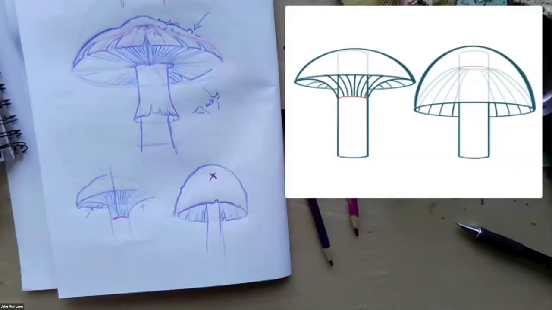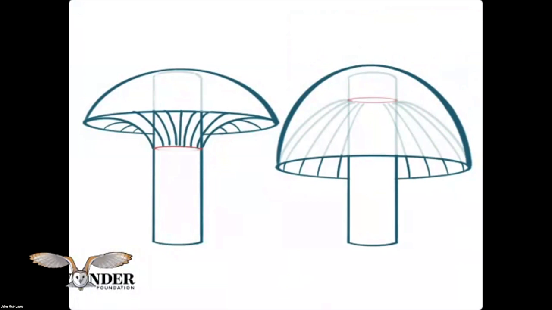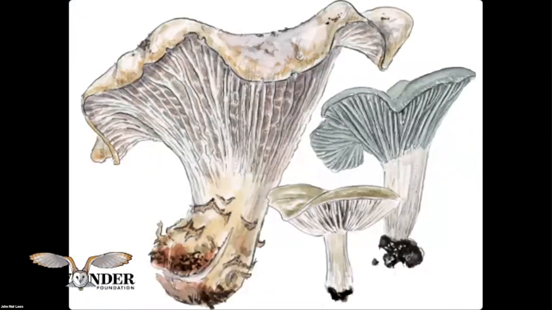So what we're going to do is first look at some mushrooms that have this structure. Can you see how these ones are coming down? Notice on the sides you get a suggestion of these edges, but I'm not having to draw in all these edges.